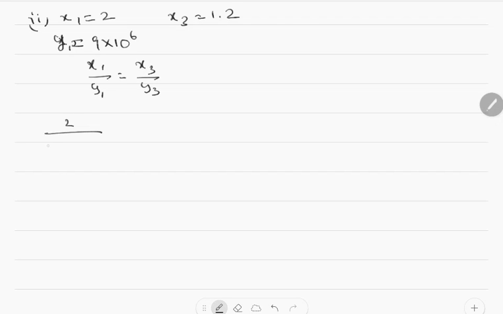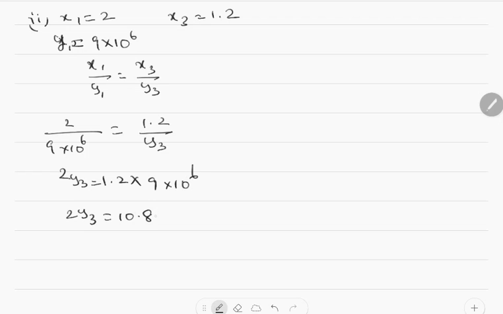Subdivision number 2: x1 is 2, y1 will be 9 into 10 power 6, x3 will be 1.2. So x1 by y1 equal to x3 by y3, or 2 by 9 into 10 power 6 equal to 1.2 by y3, or 2y3 is equal to 1.2 into 9 into 10 power 6. 2y3 is equal to 10.8 into 10 power 6.